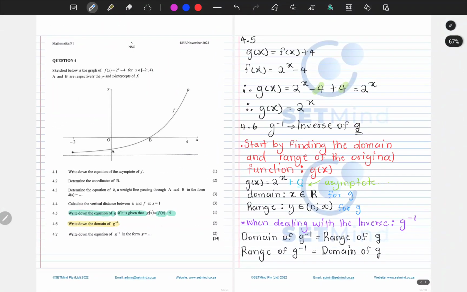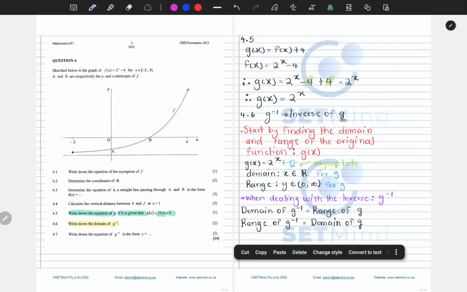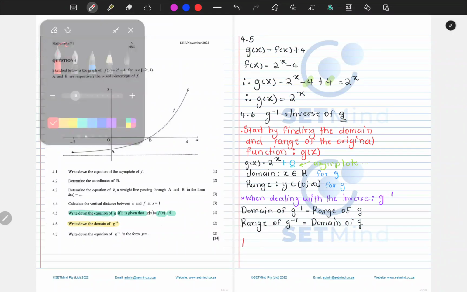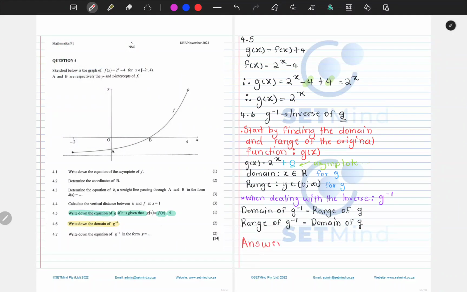So now, because they were asking me to write down the domain of the inverse, and I can clearly see that the domain of the inverse is actually the range of the original function, I can easily give them the answer. So let's write that in red as the conclusion. So the answer which we are supposed to give them is that the domain of g minus 1, which is the inverse, what it is we have y is an element.